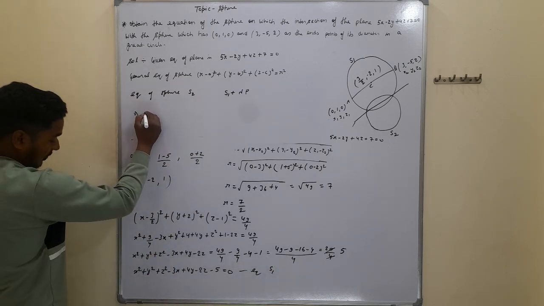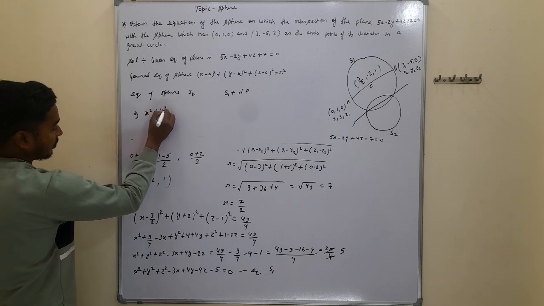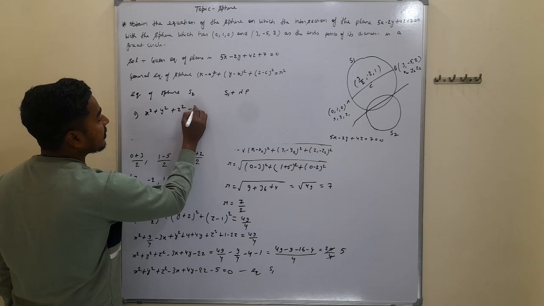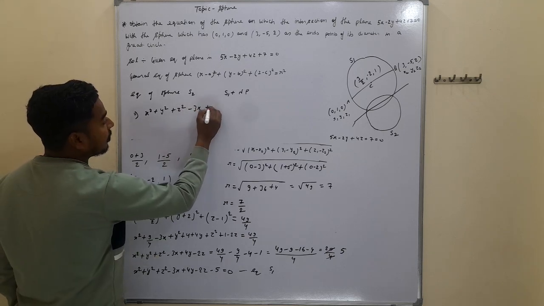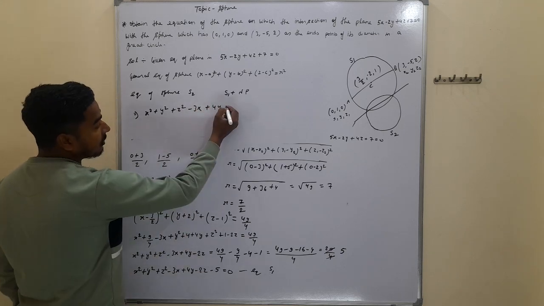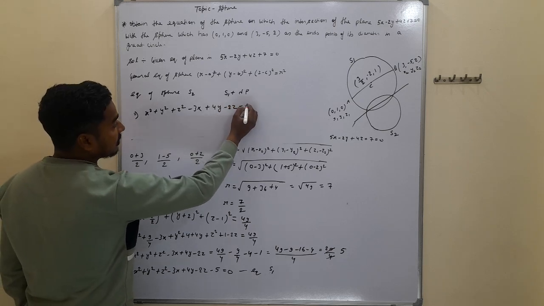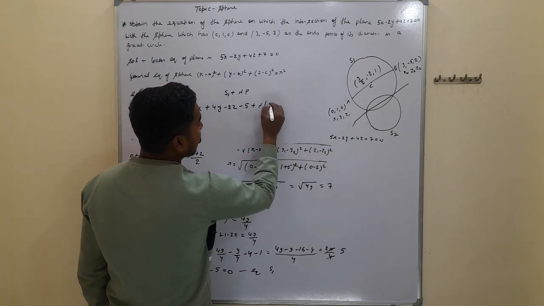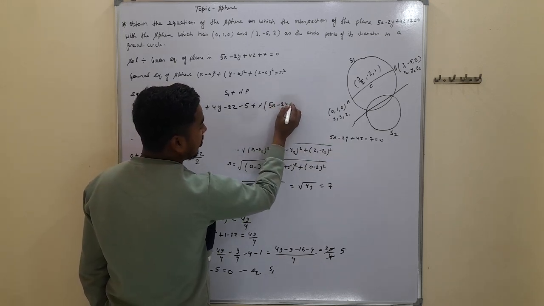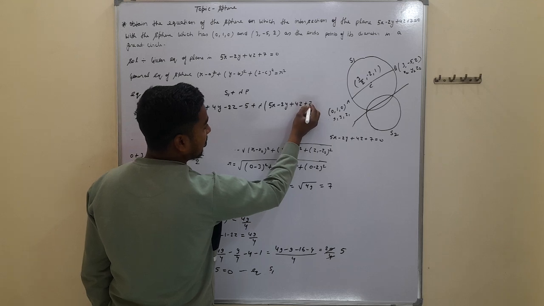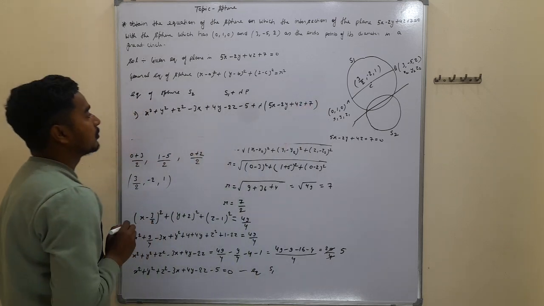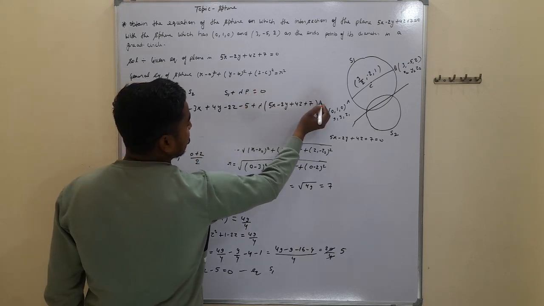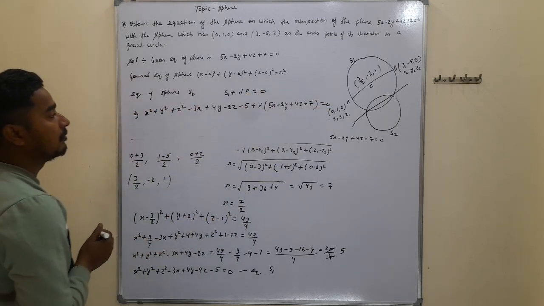So we write x square plus y square plus z square minus 3x plus 4y minus 2z minus 5 plus lambda times the plane 5x minus 2y plus 4z plus 7, equal to 0, and further we solve.